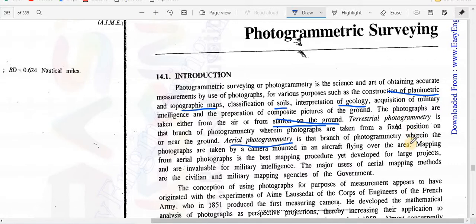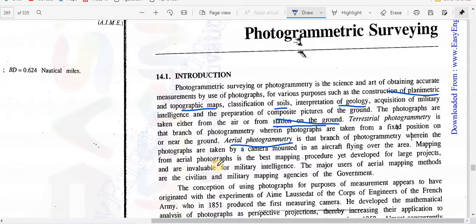Mapping from aerial photogrammetry is the best mapping procedure yet developed for a large project. For large projects, as you know, we need to cover areas in kilometers, so it is very useful and handy, because a plane requires very little time to travel the distance.